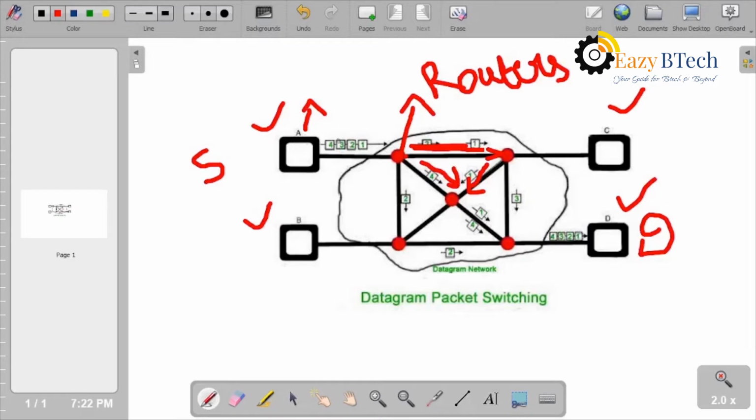This is the packet switching concept, and there is no telephone line concept in this model. ARPANET is the world's first packet switching computer network, and it follows this to communicate data from source to destination.